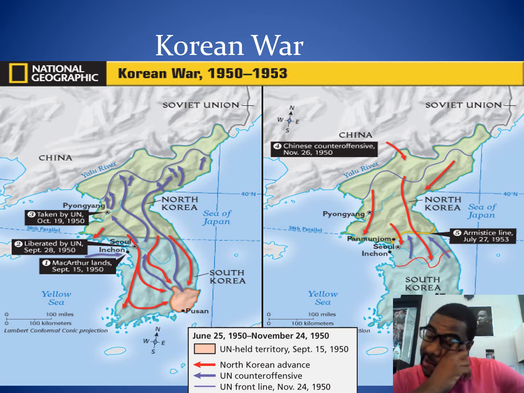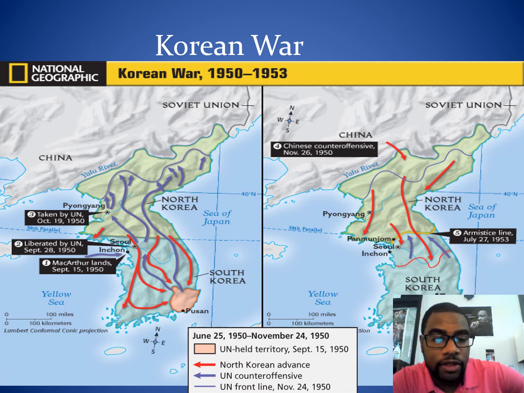We also call this particular war a proxy war, because it wasn't necessarily a war between the Soviet Union and the United States, but they both had troops on both sides, so to speak. And the Soviet Union saw Korea as vital, because it was pretty close to the Soviet Union.